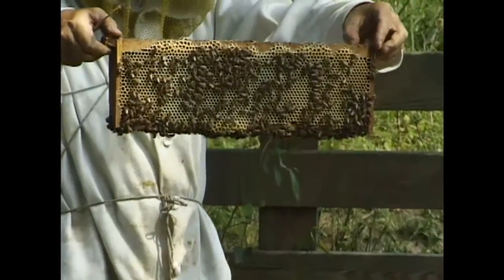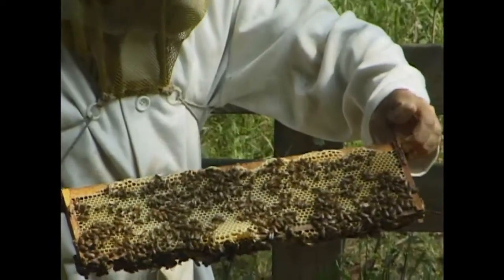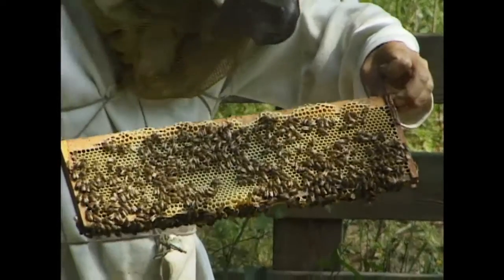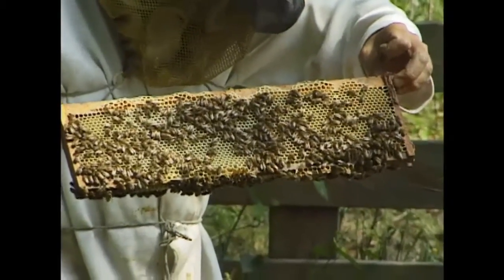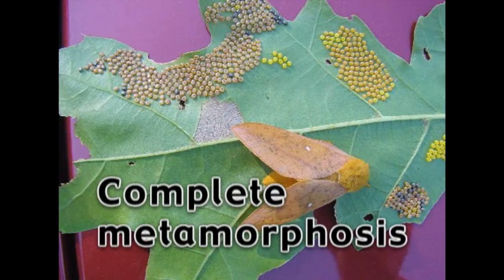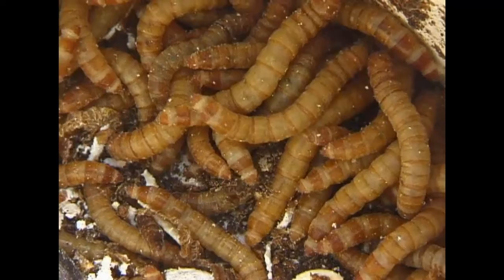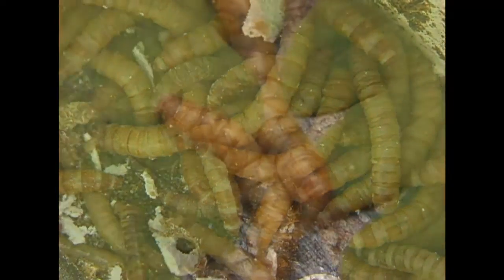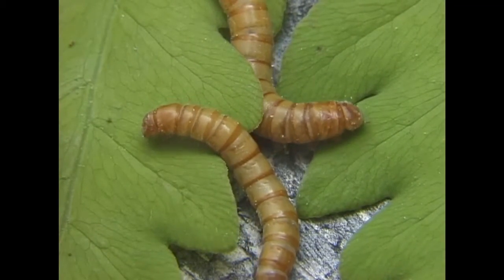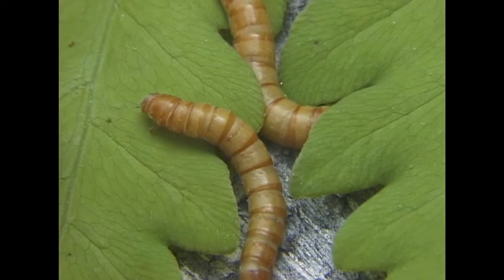Insects such as moths, butterflies, bees, and flies go through a type of metamorphosis called complete metamorphosis. In complete metamorphosis, an adult insect lays eggs. The eggs hatch into a worm-like larva. Sometimes the larvae are called caterpillars, maggots, or grubs.